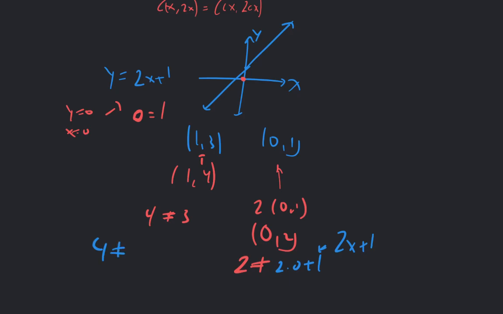Here, 4 doesn't equal 2 times 1 plus 1, which would be the equation of the line 2x plus 1, or 3. 4 doesn't equal 3.